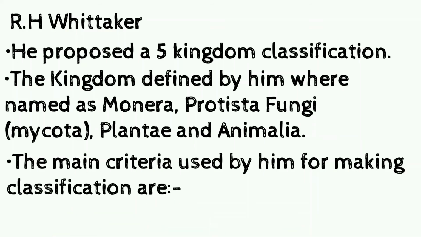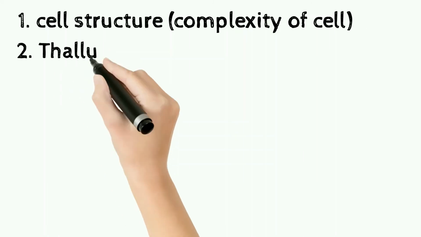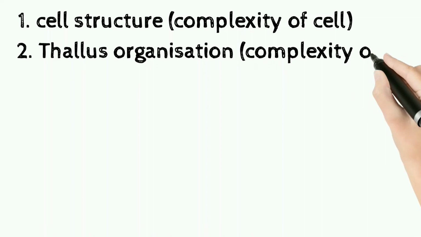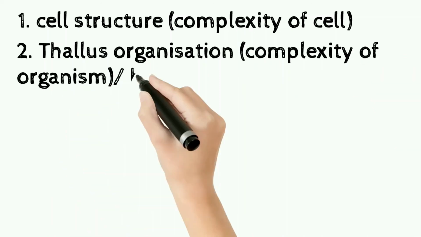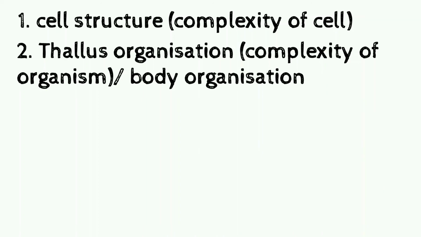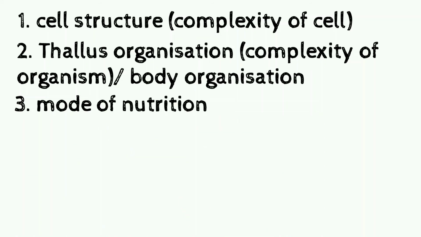The main criteria used by him for making the classification are: first, cell structure, that is complexity of cell; second, thallus organization, that is complexity of organism or body organization; third, mode of nutrition; fourth, reproduction or life cycle or lifestyle; fifth, phylogenetic relationship.